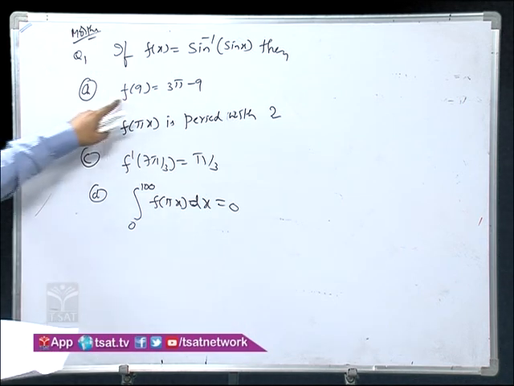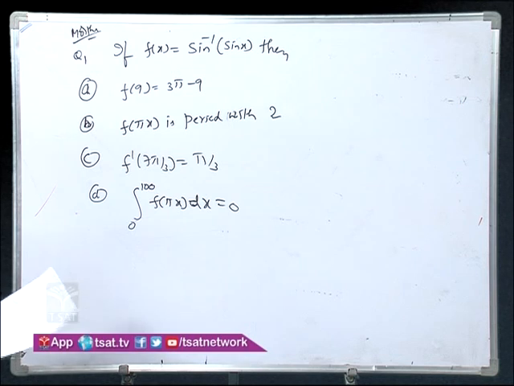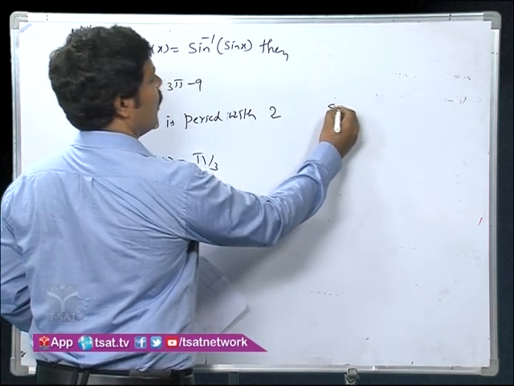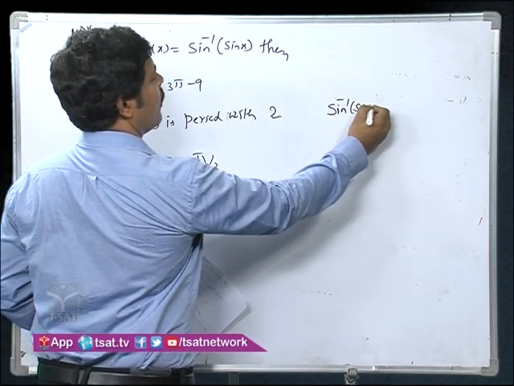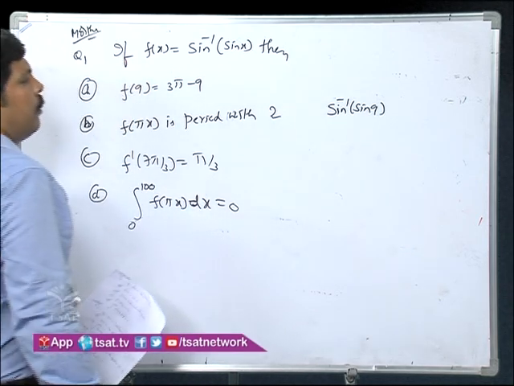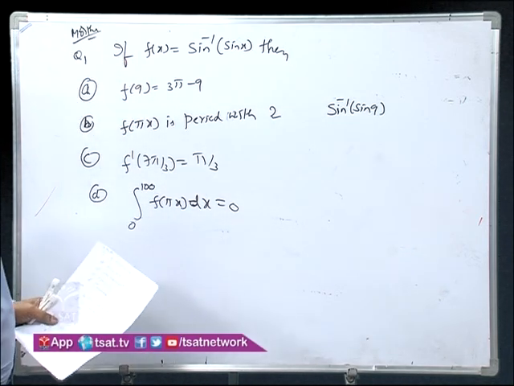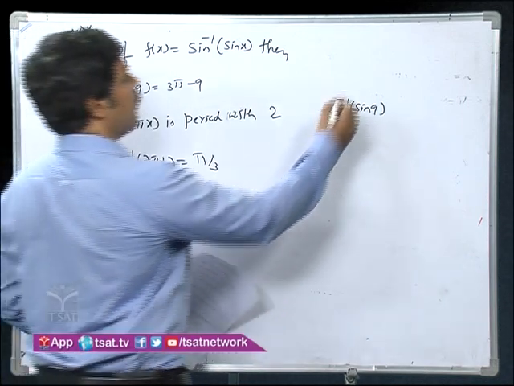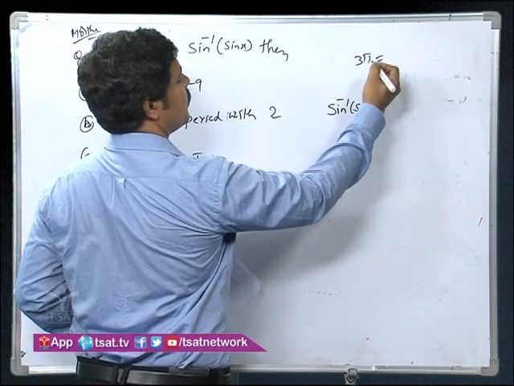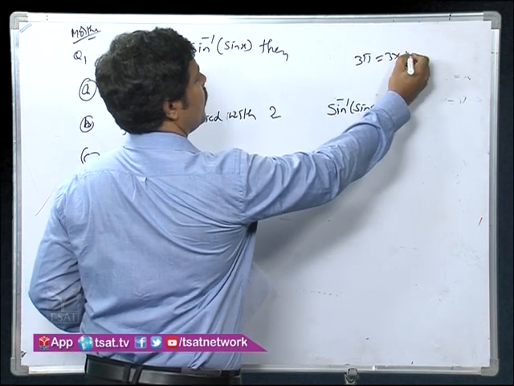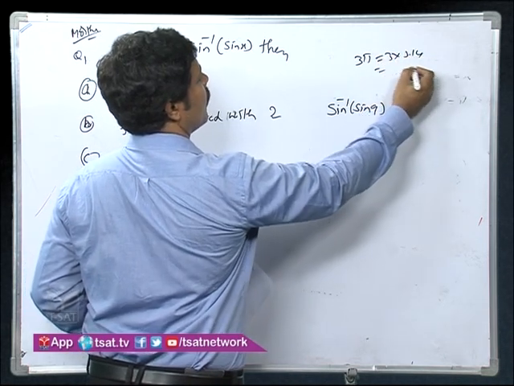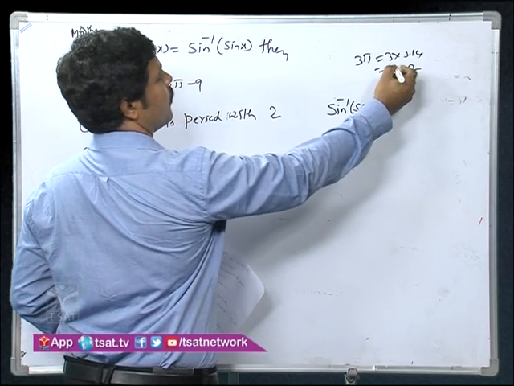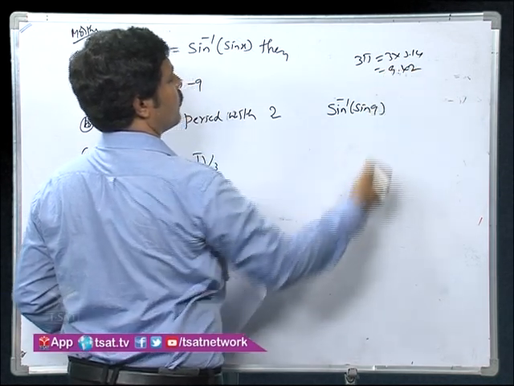Here f of 9 means sin inverse of sin 9, near 3 pi. What is the 3 pi value here? 3 pi is equal to 3 into 3.14, which is 9.42.